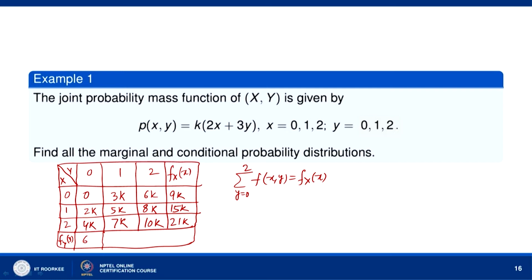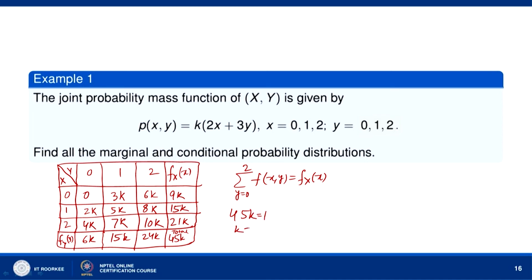So, this is 6k, this is 7 plus 5 is 12 plus 3, 15k, and this is 10 plus 8 is 18 plus 6, 24k. So, 24 plus 15 is 39 plus 6, 45k. So, 45k is the total. Now, 45k must be equal to 1.